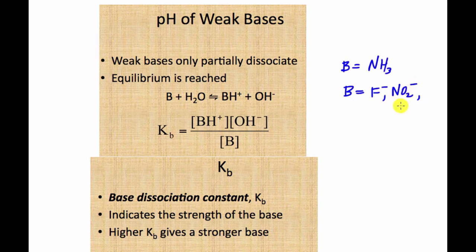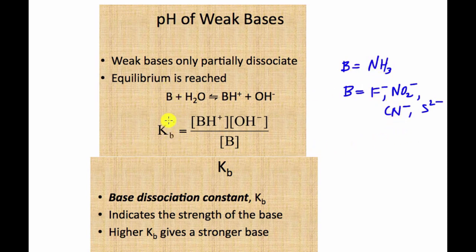This is really important to focus on. These are ions that are, it's not nitrate, it's not sulfate and all that kind of stuff. These are the ions that are coming from weak acids, not from the strong ones. So we would have cyanide in here, and H2S, stuff like that. Those are all going to be considered bases. So I could replace that B with any of these things here.